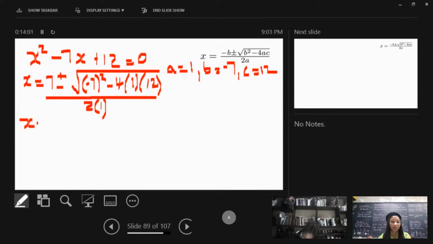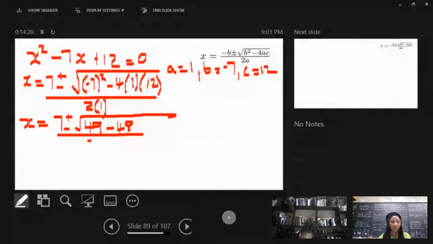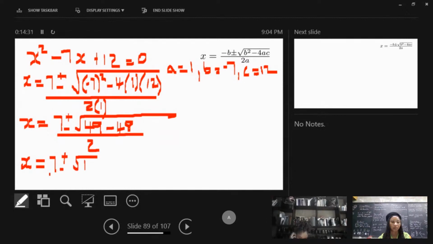So x is equal to 7 plus or minus the square root of 49 minus 48, all over 2. That's 7 plus or minus the square root of 1 over 2, and the square root of 1 is 1.